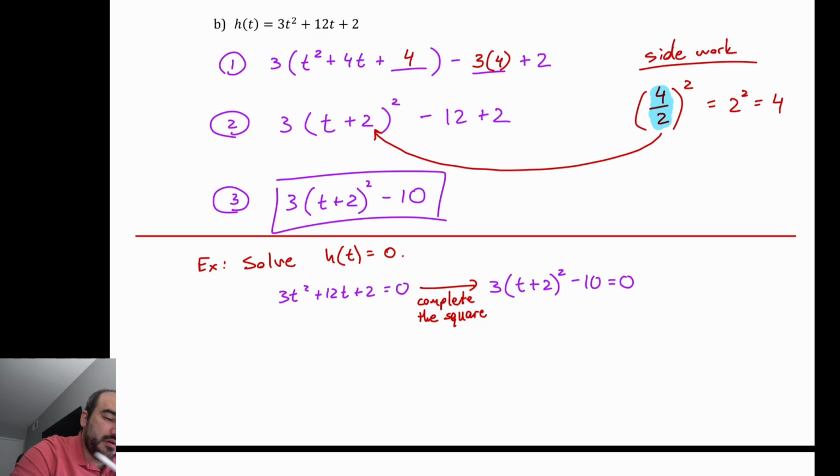And then from here we can actually solve this using all of the tools that we already have on how to solve equations. So we want to get t by itself, right? Which means we need to get rid of everything around it. So the first thing we need to get rid of is the 10. So we add 10 to both sides.